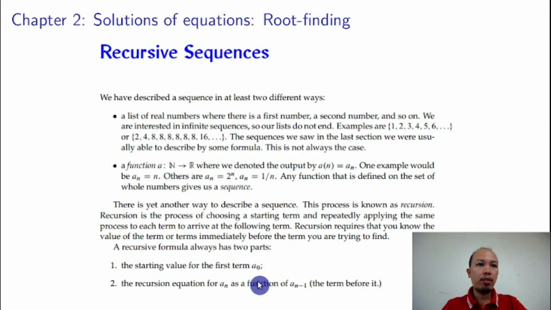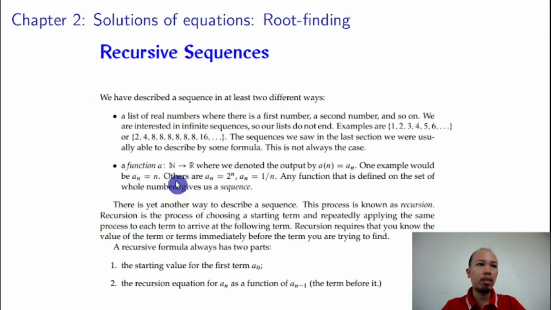So it has a first term, a sub 0, maybe two terms, three terms that are given, and then you are given the recursion equation for a sub n as a function of a sub n minus 1, maybe more than one term that is given. Okay, so please remember that a recursive sequence has two parts.